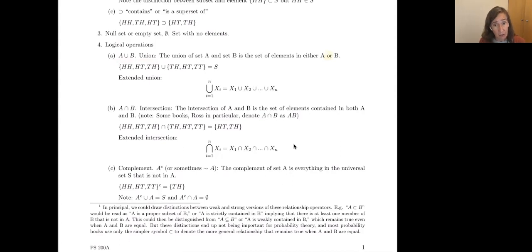So set union is the equivalent of or in logic. If it's either in one or the other, it's in the union. I'm skipping over the extended union for a minute to say something about intersection. If an element's in the intersection of A and B, it means it's in both of them. So the set intersection is the equivalent of a logical and. They have to be in both things.